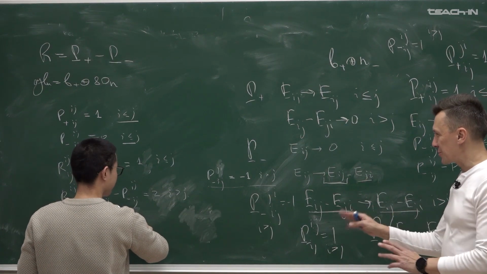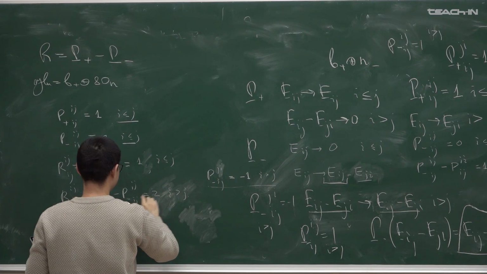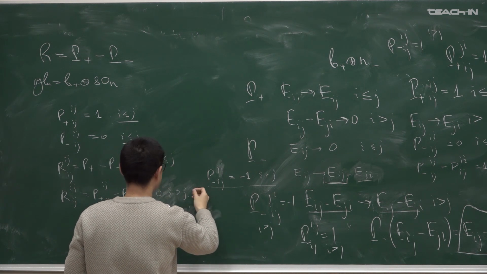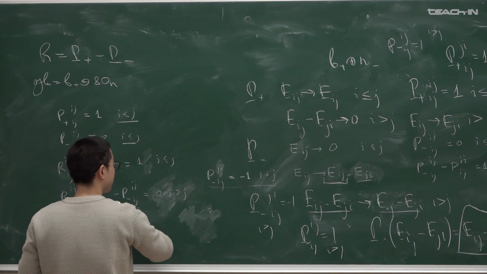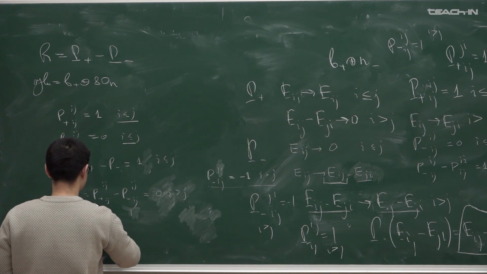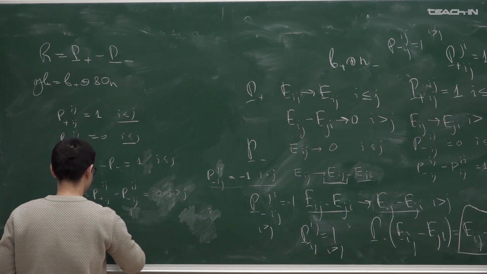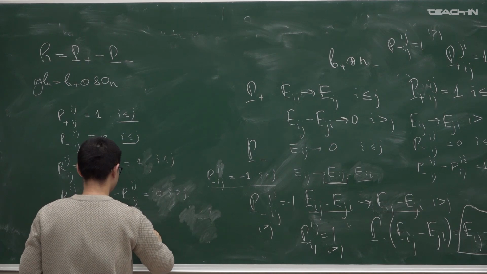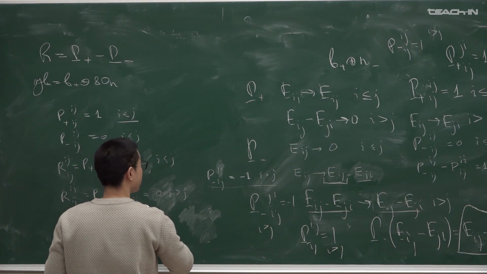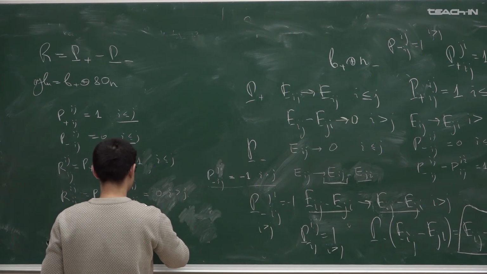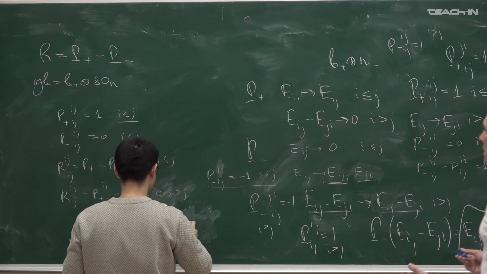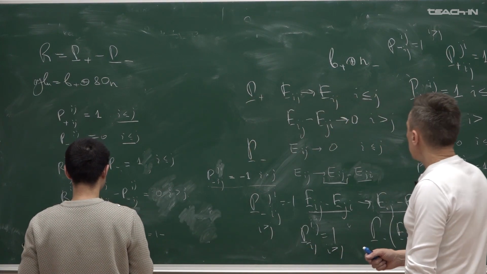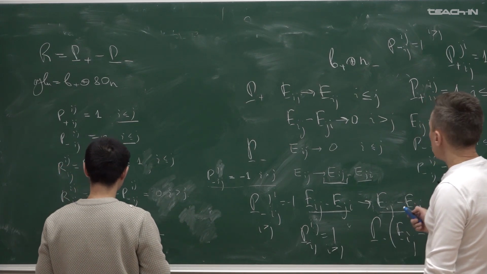Yes, we are quite close to the finish. So this is 0, and then we have P plus IJ, JI minus P minus IJ, which is equal to 1 minus... I don't agree. It is not 1. No, it is 0.